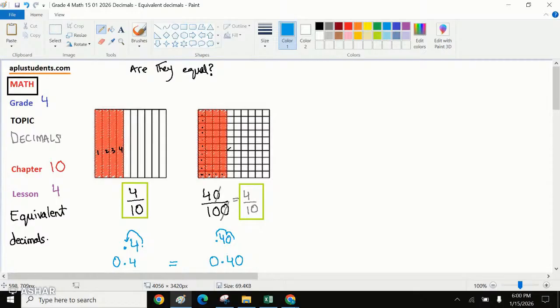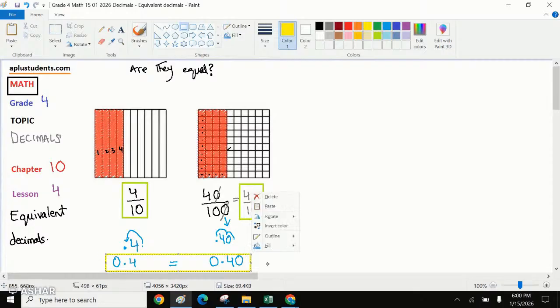0.04 means 4 out of 100. This is 40 out of 100, right? So 0.4. If you write 0.4 or you write 0.40, they are exactly the same thing written.